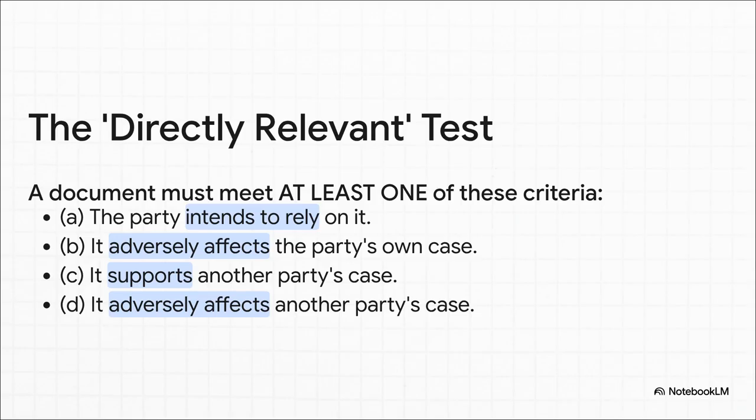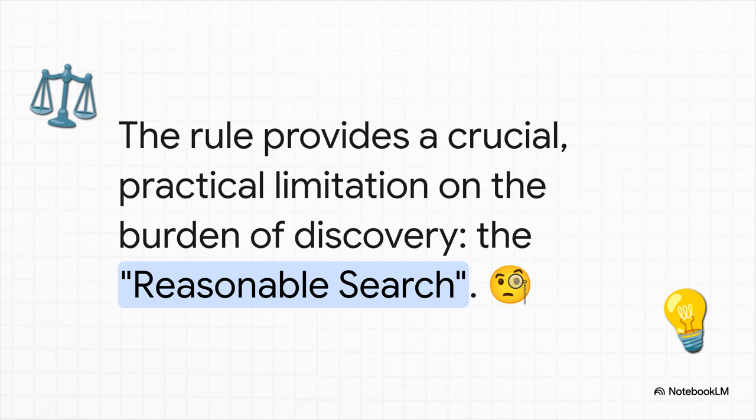So it could be a document you plan to use yourself, one that actually hurts your own case, one that helps your opponent's case, or one that hurts your opponent's case. You need to memorize those four limbs of Rule 20.14, Subrule 2. But hang on, being directly relevant is only the first hurdle. The rule doesn't expect you to boil the ocean to find every single piece of paper.